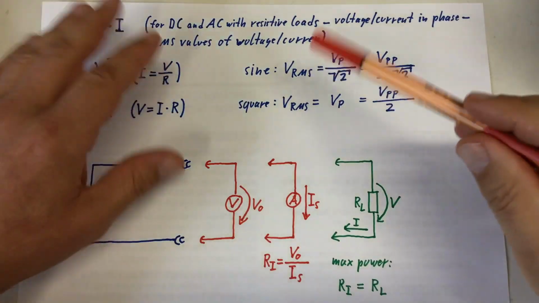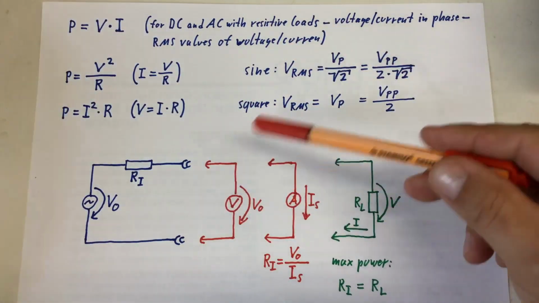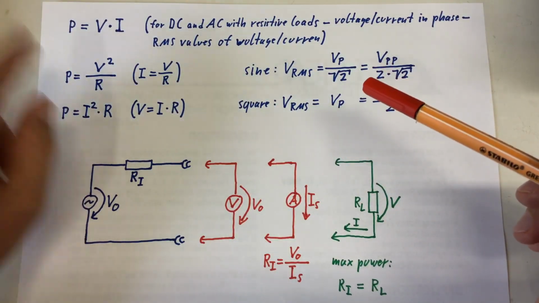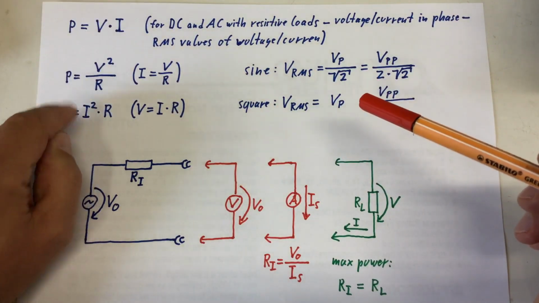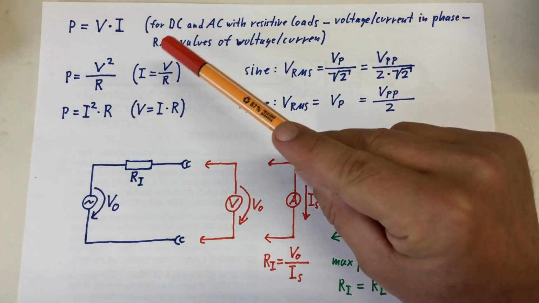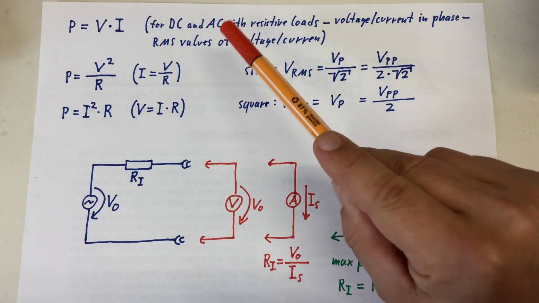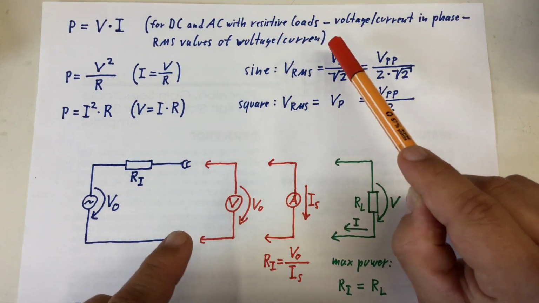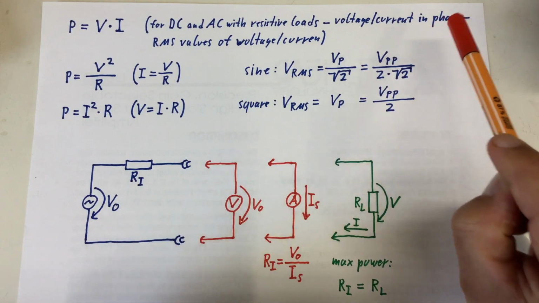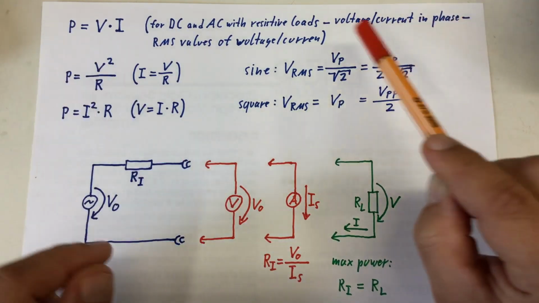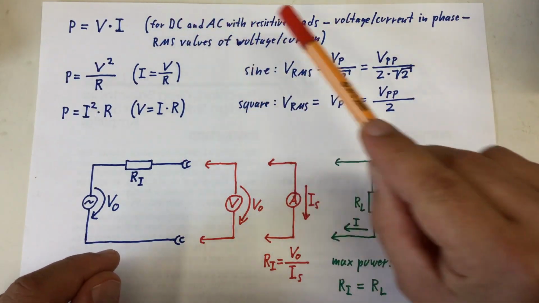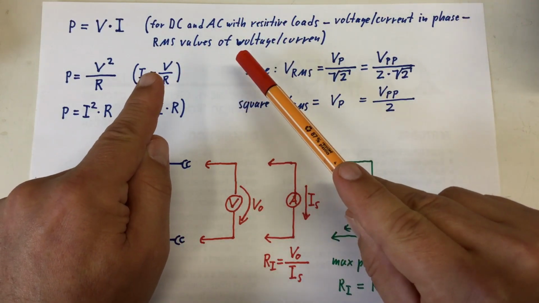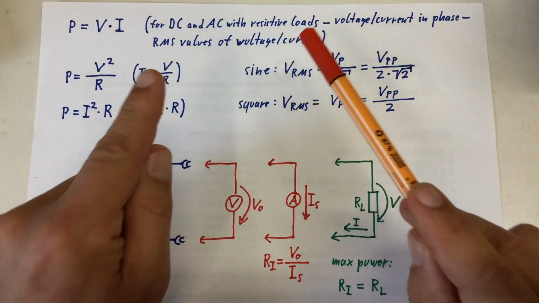Enjoy! Just some quick basics so we are all on the same page. So everybody knows power equals voltage times current. However, that's only true for DC and AC with resistive loads, meaning voltage and current are in phase. And if we're talking about AC power in that context, we also talk about the RMS values of voltage and current.